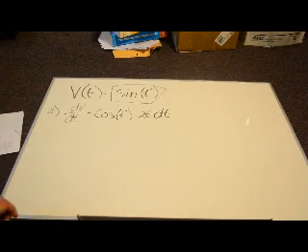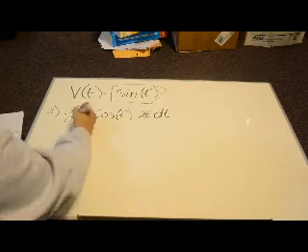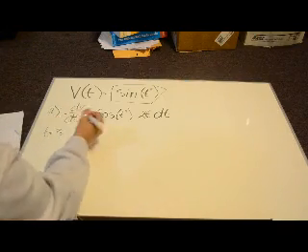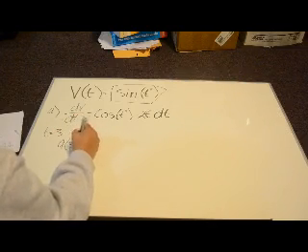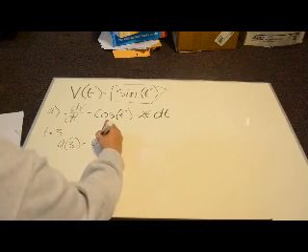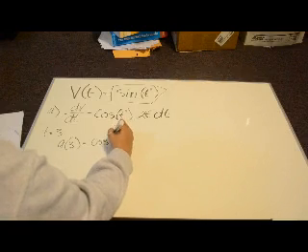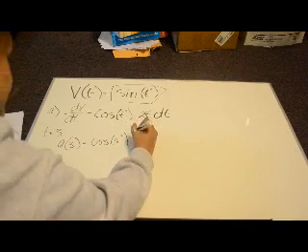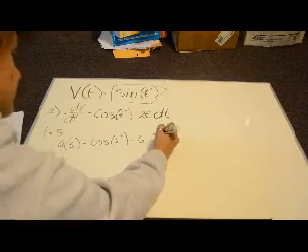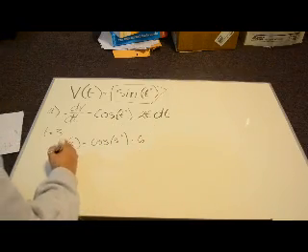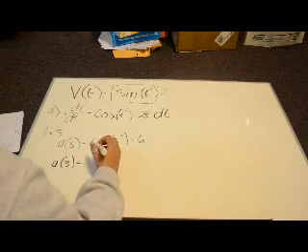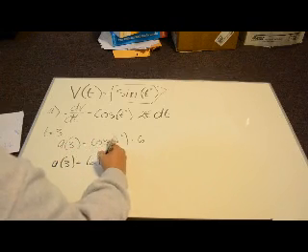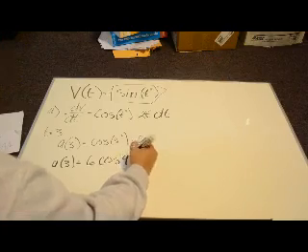Now it wants you to find dv/dt when t is equal to 3. So a of 3 is equal to cosine of 3 squared times 6, so a of 3 is equal to 6 cosine of 9.